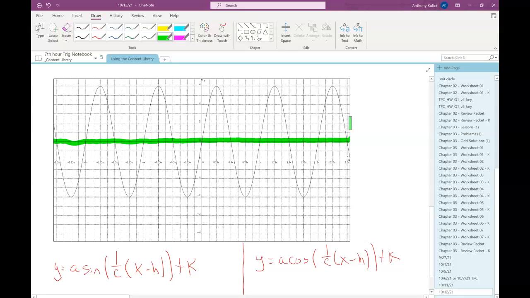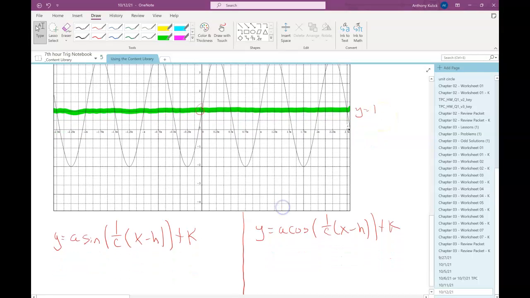So that equation, because it passes through y equals 1, is y equals 1. That tells me the value for k has to be 1, because the midline is y equals k. One coefficient down, 3 more to go. Everybody still with me so far?